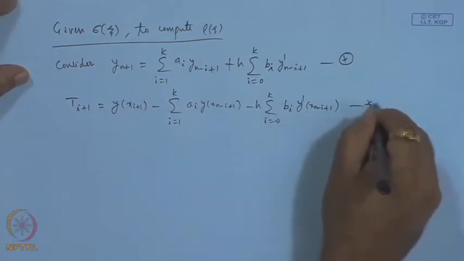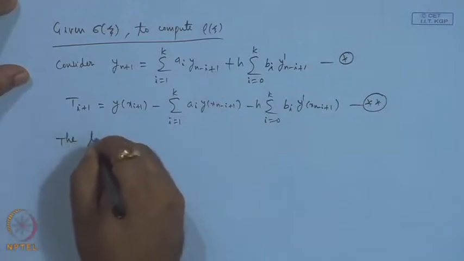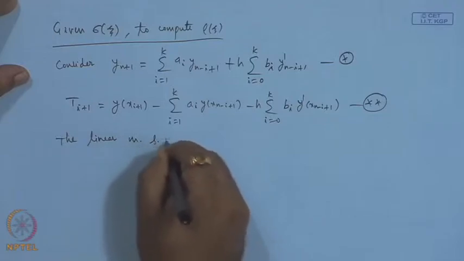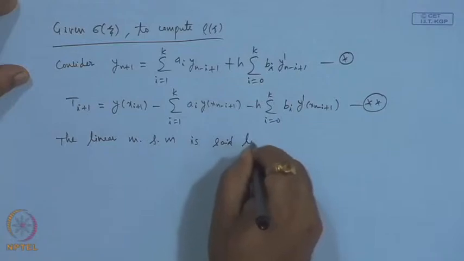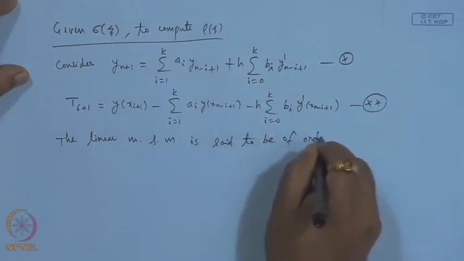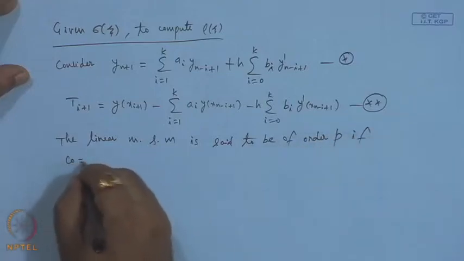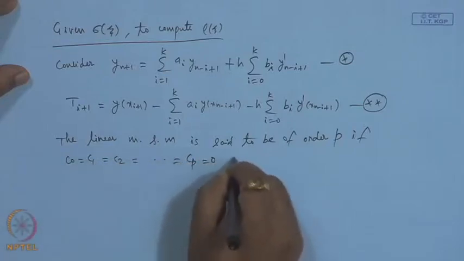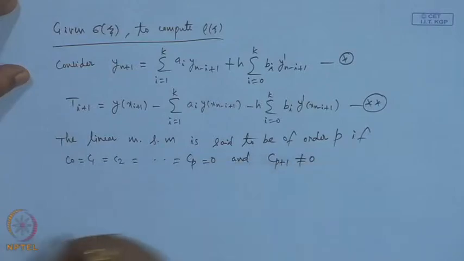Now, the linear multi-step method is said to be of order p if the coefficients C 0 through C p are equal to 0 and C p plus 1 is non-zero.